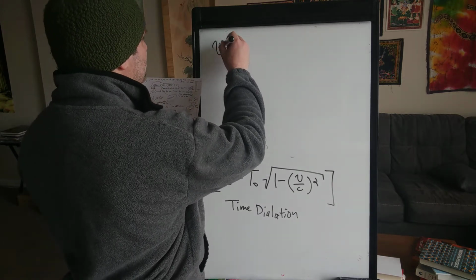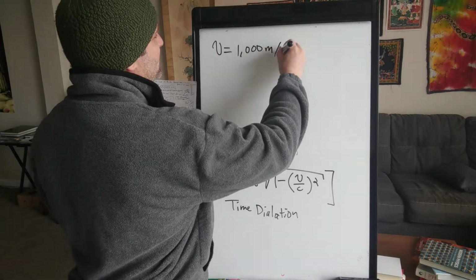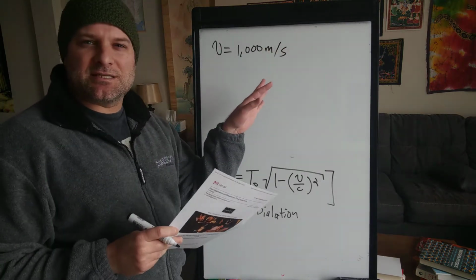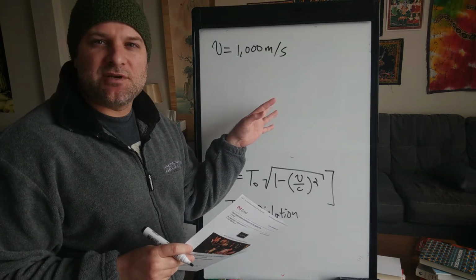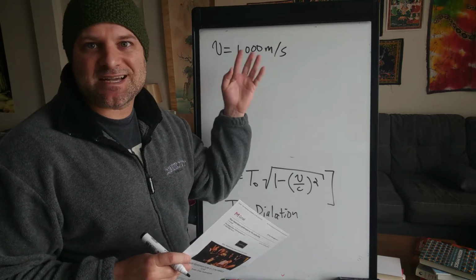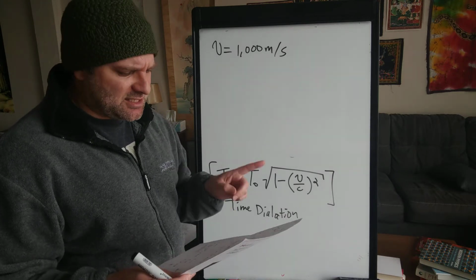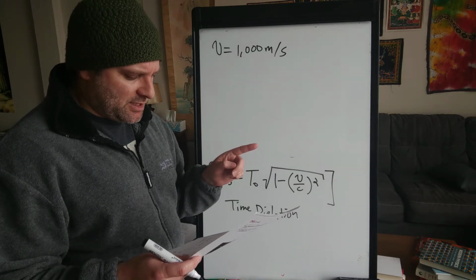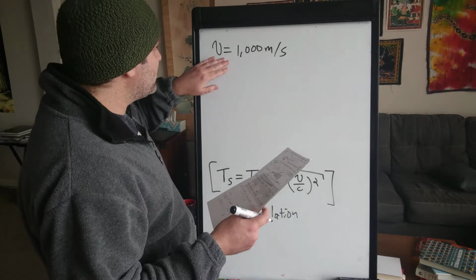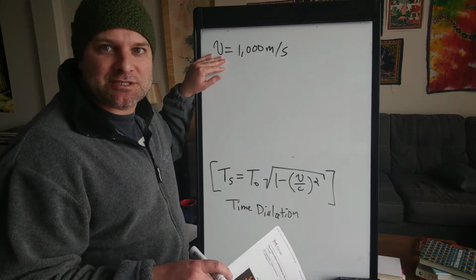So let's take a velocity, 1,000 meters per second. And I think where I got this number is it's roughly the speed of the SR-71 Blackbird spy plane, so the fastest plane that's ever been built. I think that's where I got this number, but I could be wrong. Anyway, this is roughly the fastest any human being has gone on the Earth.